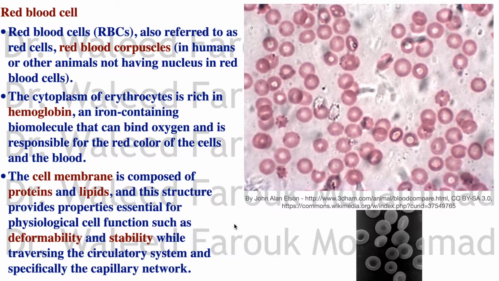The cell membrane of the red blood corpuscle is composed of proteins and lipids, and the structure of the membrane provides the durability, deformability and stability necessary for the blood corpuscle to survive, especially during passage into the capillary network, because in capillaries they squeeze themselves to pass through and return to their original shape after passing.